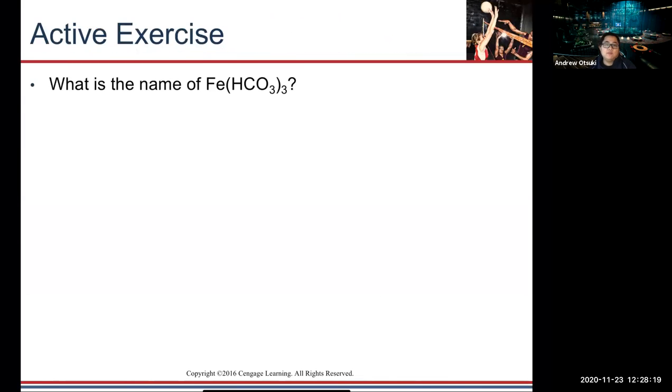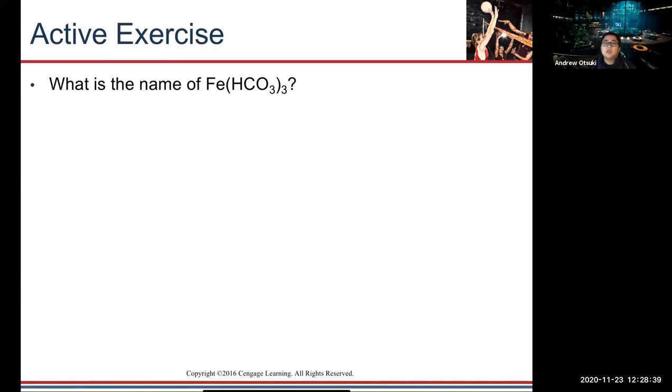So what is the name of Fe(HCO3)3? Remember, iron has variable ion charge. So we need to first refer back to what this is called: hydrogen carbonate, or bicarbonate ion.